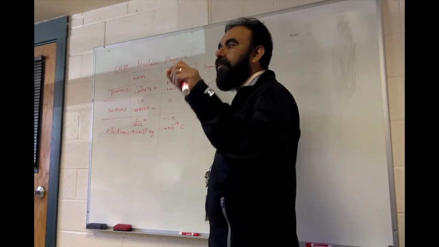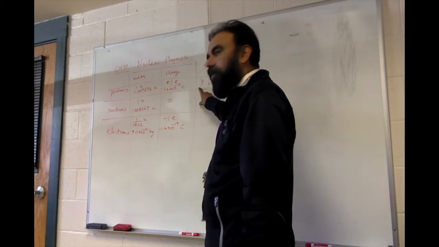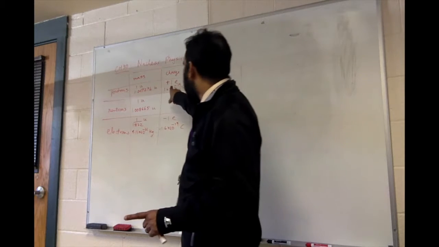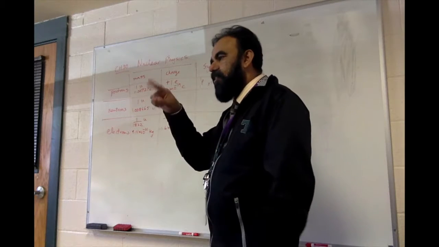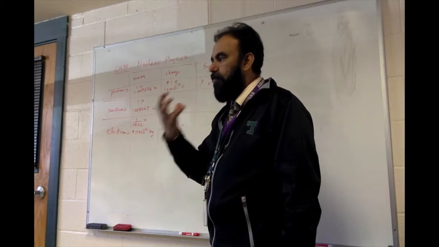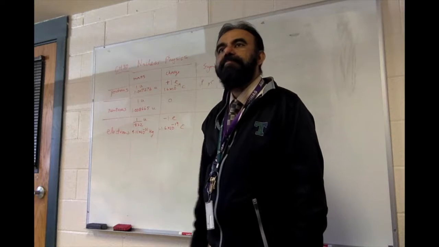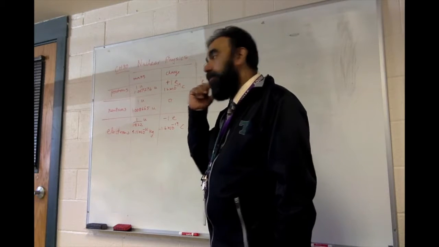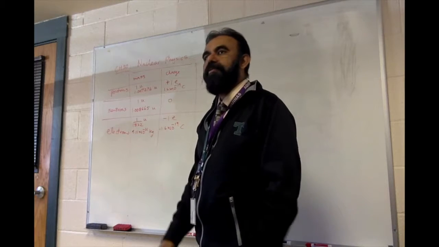Like 1 here means plus 1. You understand? What does the 92 in uranium-230 indicate? That it is a positive charge of plus 92e. You get it? So the bottom number, which is the atomic number, is also telling you the charge of the nucleus.